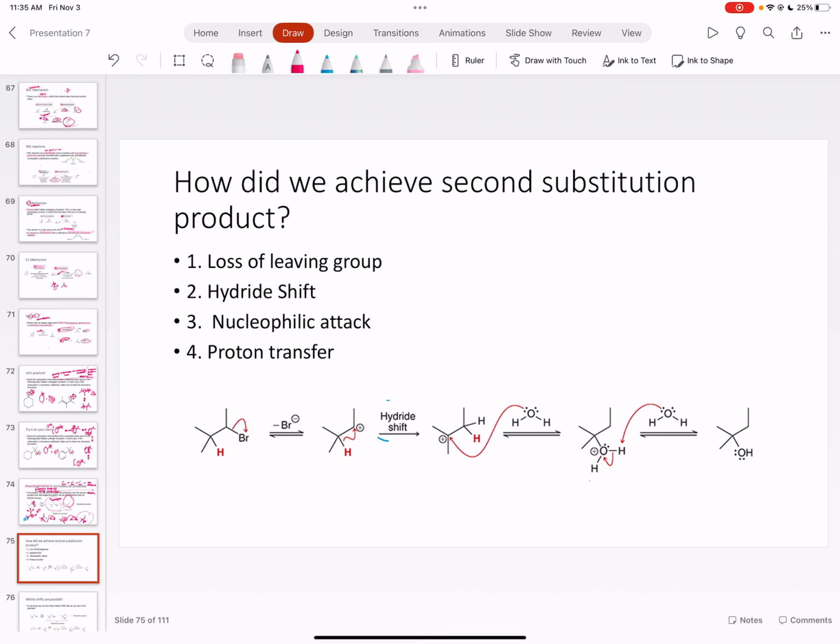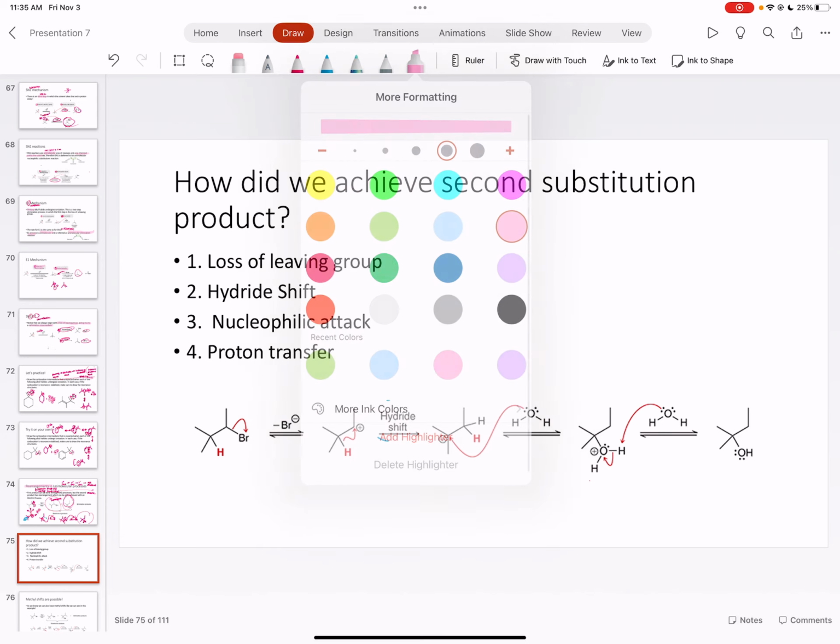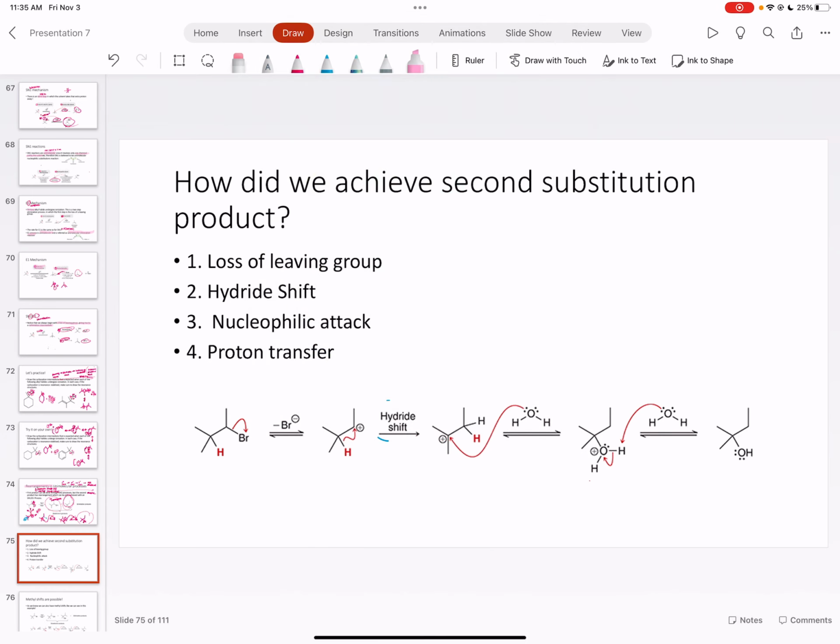And this is just a summary on how we were able to get that product. How did we achieve the second substitution product? We first did a loss of a leaving group, then we did a hydride shift, a nucleophilic attack, and then a proton transfer. So like we said, we always proceed with a loss of a leaving group. We made it more stable from secondary to tertiary.